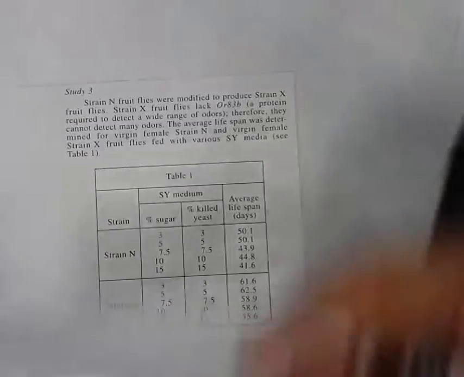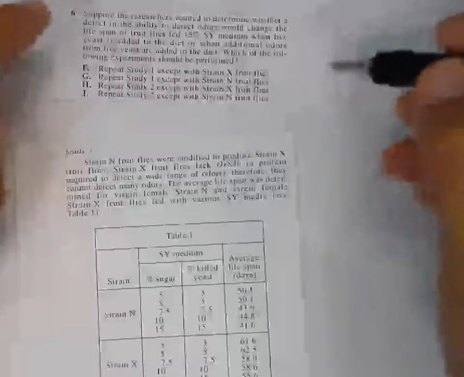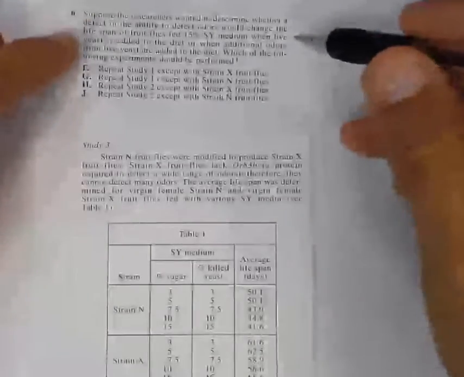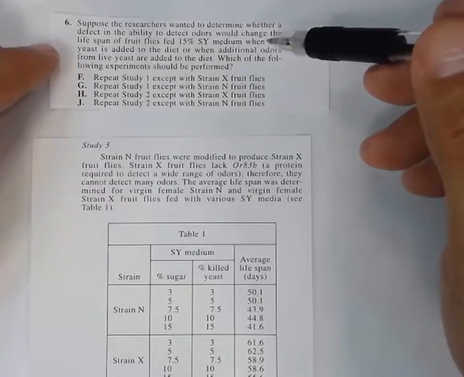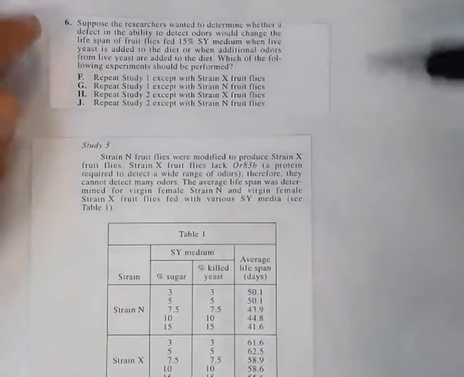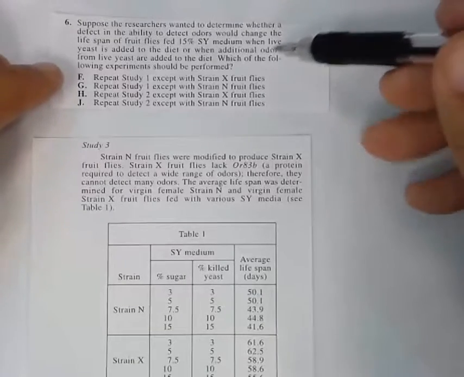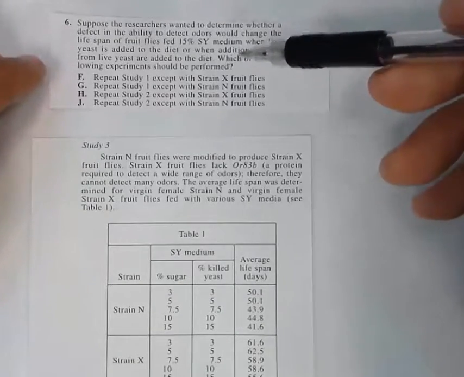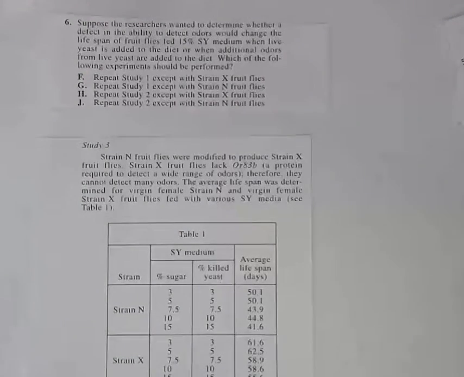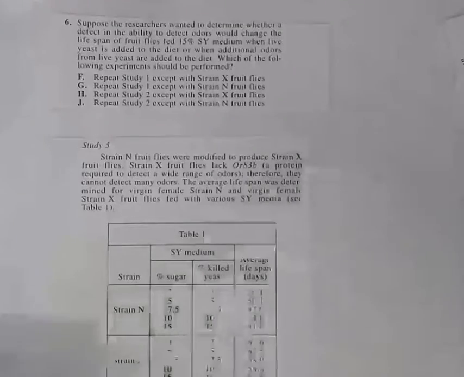Okay, question number 6. Suppose the researchers wanted to determine whether a defect in the ability to detect odors would change the lifespan of fruit flies fed 15% sugar with live yeast as designed. Which of the following experiments should be performed? If we look at study 1 and study 2, the difference between these two is that study 1 used 15% and study 2 used 5%.